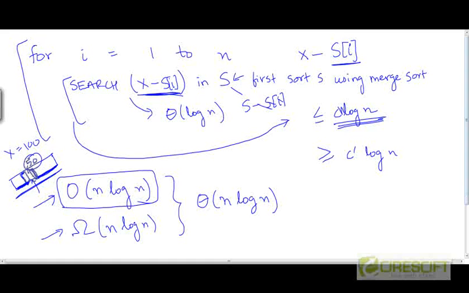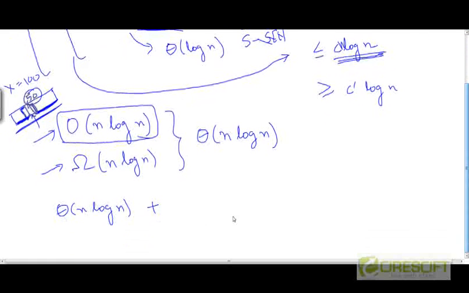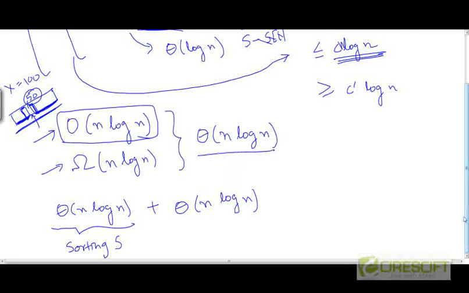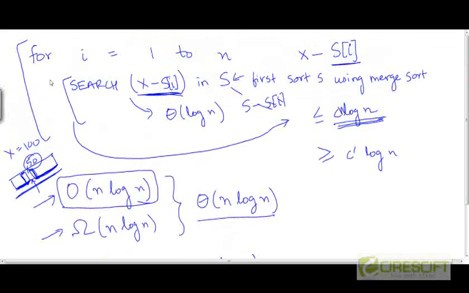Anyway, with that clarification, let's go back to this running time. This is the time to sort S, and then we take a further theta of n log n time in the worst case to run this loop, where you do binary search n times.